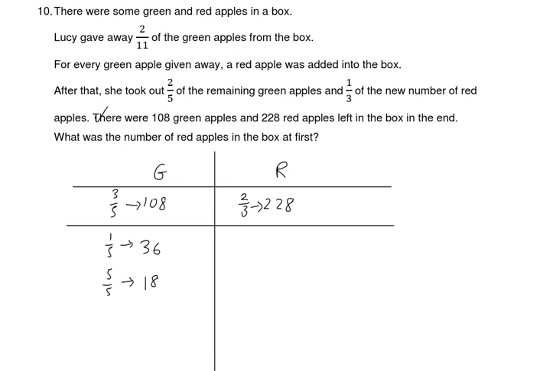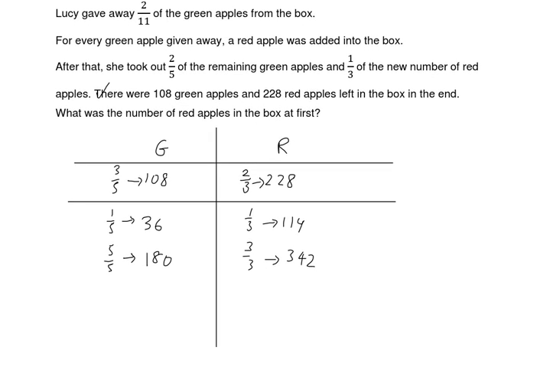For red apples, Sky, tell me, what is 1/3? 114. And before taking out any red apples, I have 342. So that means before taking out the 2/5 green apples and the 1/3 red apples, this is what there is in the box, right?